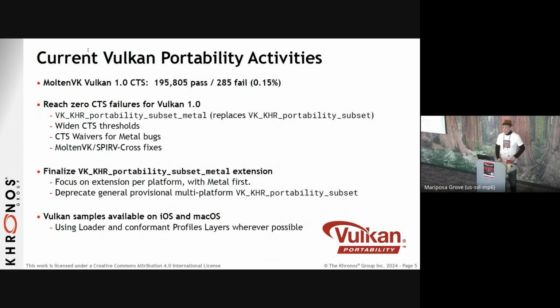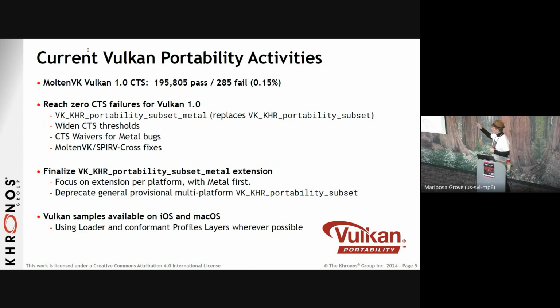Excuse me. So I talked a little bit earlier, but I'll talk a little bit more organized now about the activities that the Portability initiative is investigating and working on. One is, the top thing here is a push to make MoltenVK conformant. And by conformant, I mean conformant to the Portability spec.